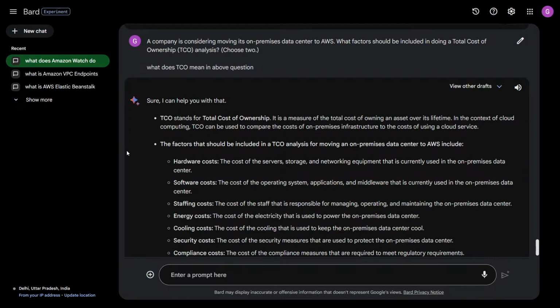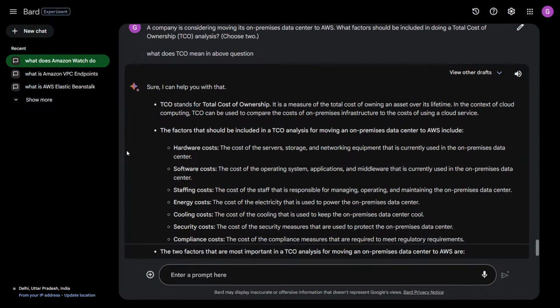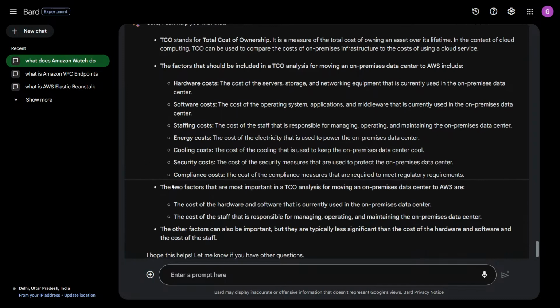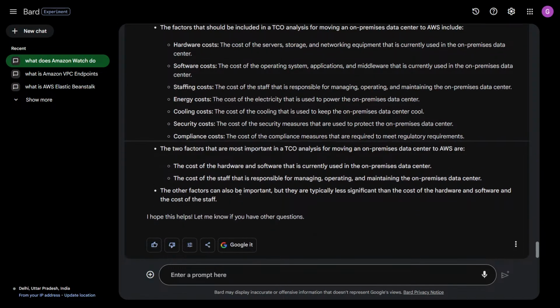So TCO stands for total cost of ownership. It means the total cost of owning an asset over its lifetime. In the context of cloud computing, TCO can be used to compare the cost of on-premises infrastructure to the cost of the cloud. The factors that should be included in TCO analysis for moving are hardware cost, the cost of server, storage, and network equipment currently used in the on-premises data center, software, staffing, energy, cooling, security. The two factors that are most important are hardware and staff.